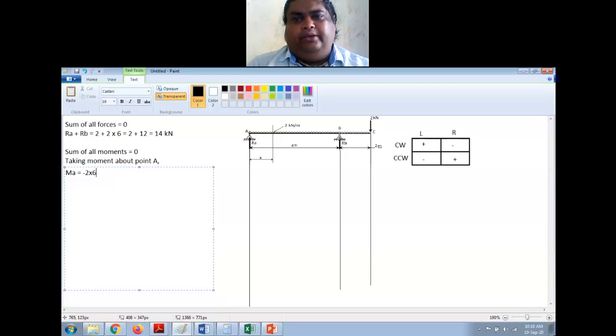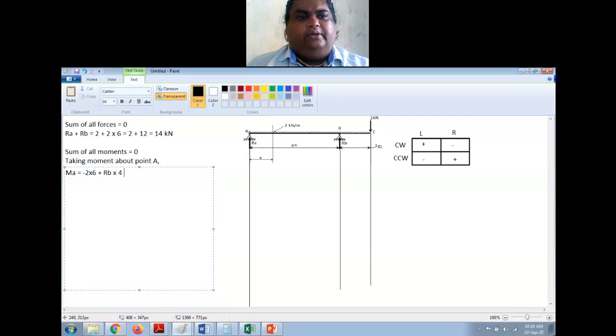Then at B I have the reaction RB, which I am assuming it to be vertically upwards. So this is making a counterclockwise moment about A. So right side counterclockwise is positive. So it will be plus RB into distance is 4 meter.